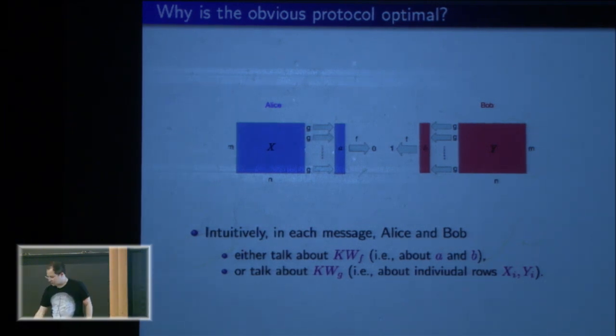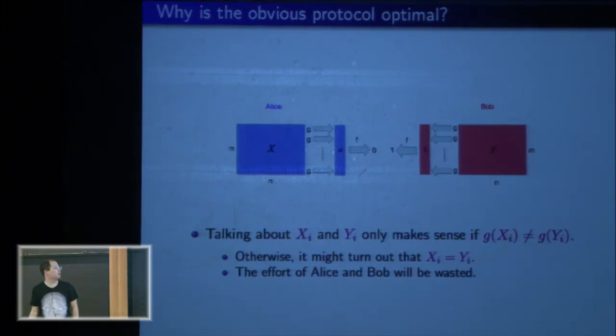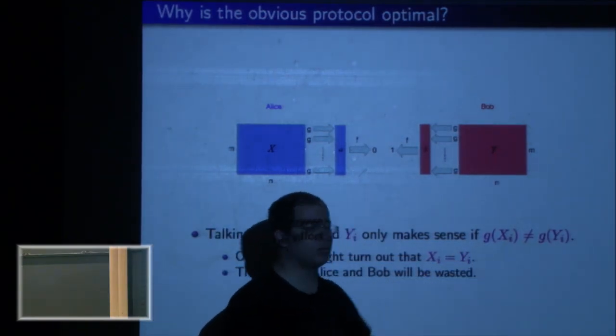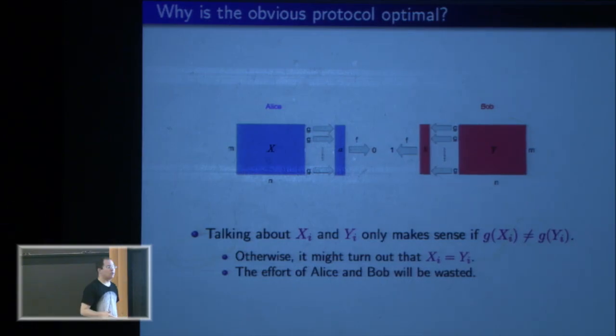So if we are willing to pretend that, then the point is that talking about particular rows xi and yi only makes sense if the players already know that the output of G on xi and the output of G on yi are different. Why is that?